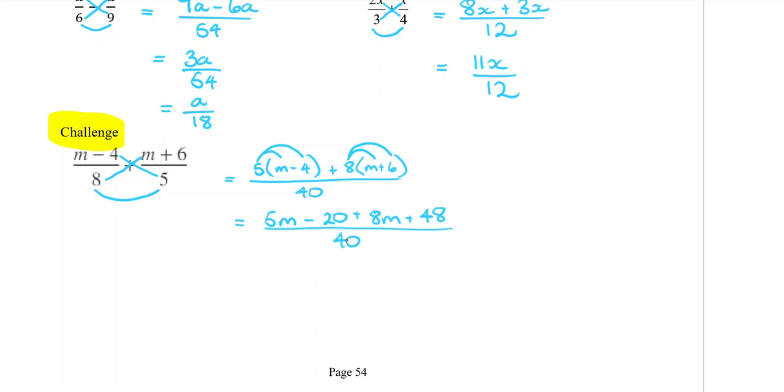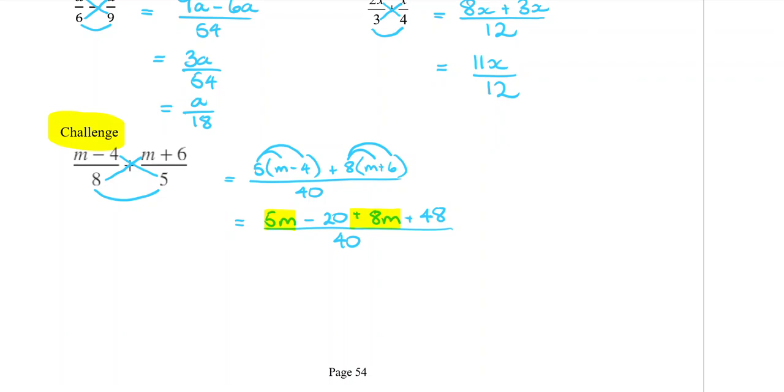All over 40 still. Okay, but there's still more because now I can look for some like terms. Are there like terms? Yeah, 5m and 8m. They will go together. And also the minus 20 and the 48, they're constants. They could go together.